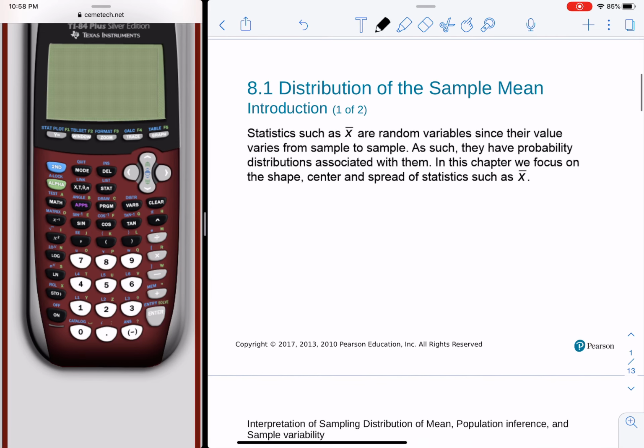So, we know what the distribution of a random variable is.